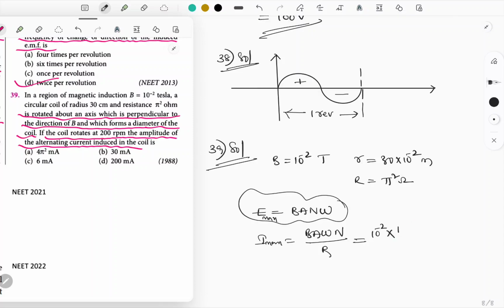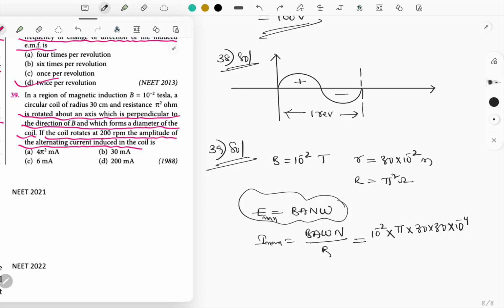Area is pi r square. Pi into r value is 30 into 30 into 10 power minus 4, divided by resistance, into N value. N number of turns. Did they give number of turns? Check out. No, it's just one coil.